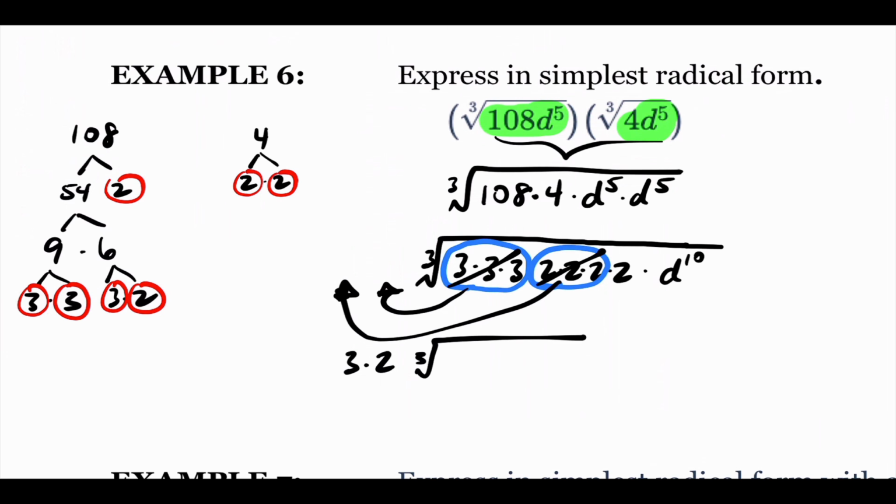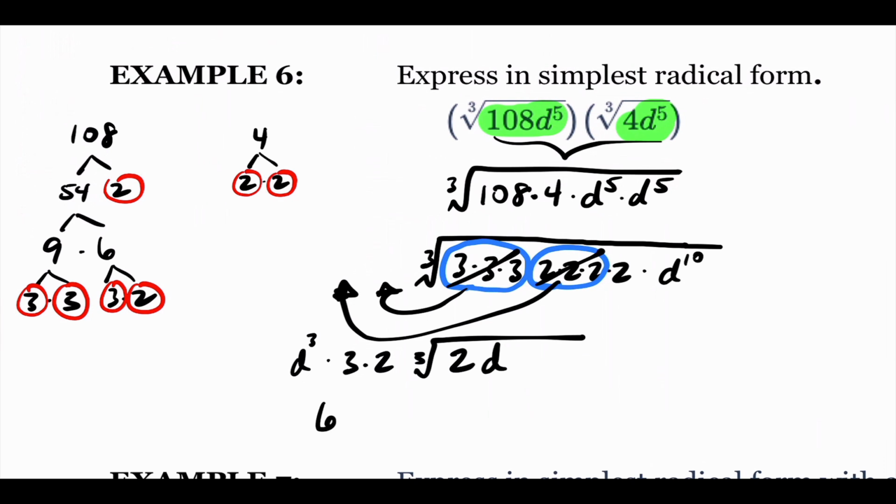I got a 2 left over on the inside. How many triples of D am I going to have? I'm going to have 3 of them, right? Are any going to be left over? 1. There you go. Let's simplify.